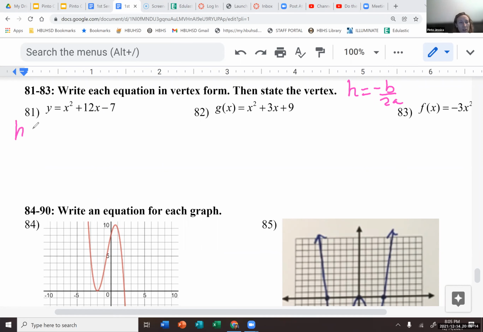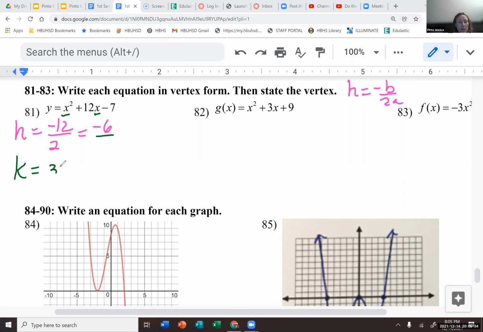So I've got h is equal to negative 12 over 2, and a is just 1, so just negative 12 over 2. This gives me negative 6. And then to find k, I have to plug that into the equation. K is equal to plugging in negative 6 here.